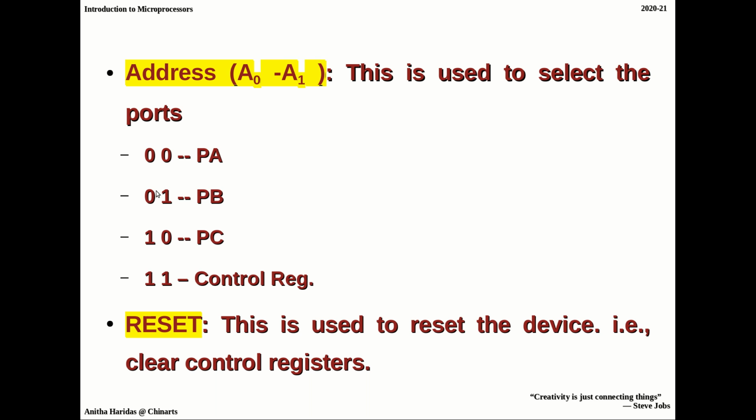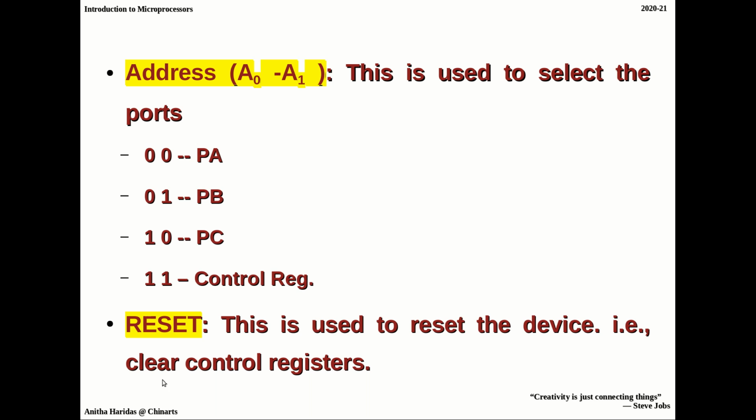If it is 0, 1, port B will be selected. If it is 1, 0, port C will be selected. And if it is 1, 1, the control register will be selected for the data transfer. So these lines will specify which port, or whether the control register, is selected for the data transfer.